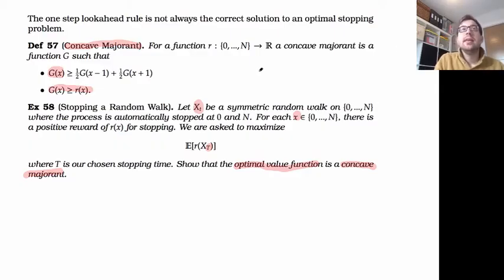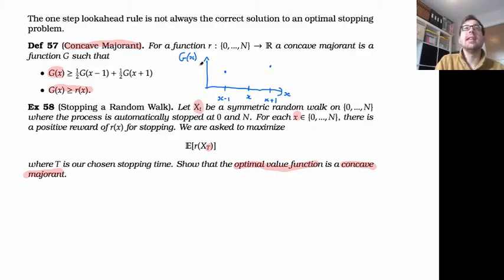So what I'm saying here is if we've got our states x over here, and I look at g(x) on this axis, and I've got x, x minus 1, and x plus 1, okay? And let's suppose the value of g at x minus 1 is this, and the value of g at x plus 1 is here.